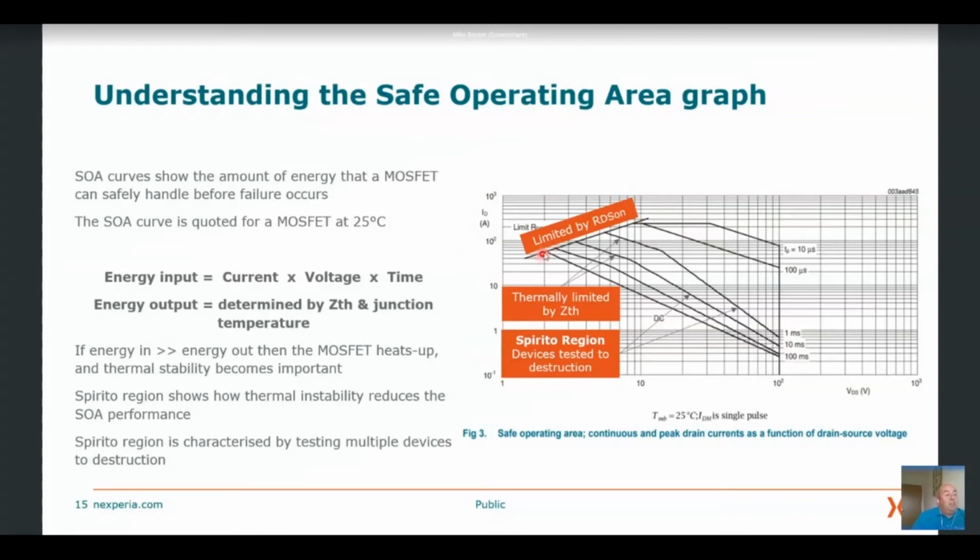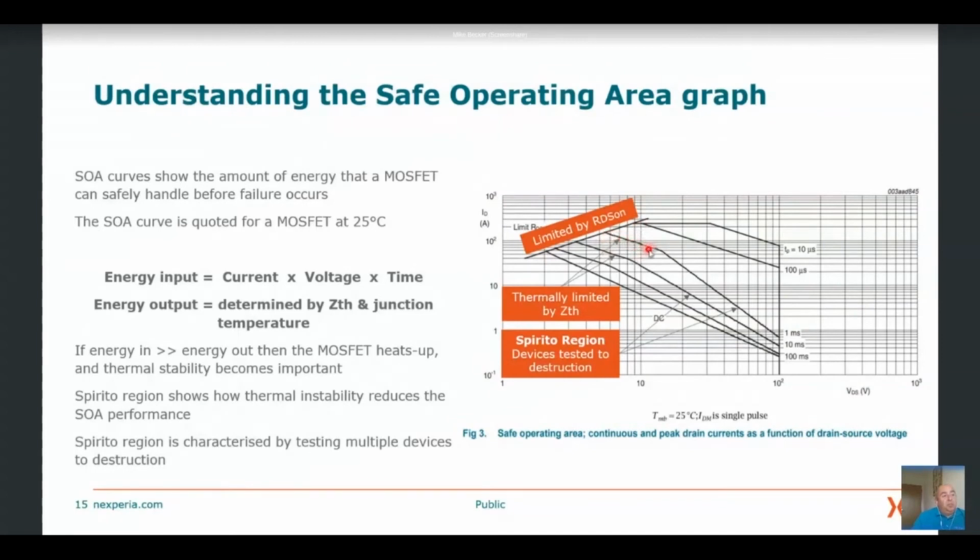So for the three areas of the SOA curve, you've got the line at the top that's limited by the RDS on of the device. There's nothing really clever about that. If you work out the amps and the volts, that is a straight line to show the device RDS on.